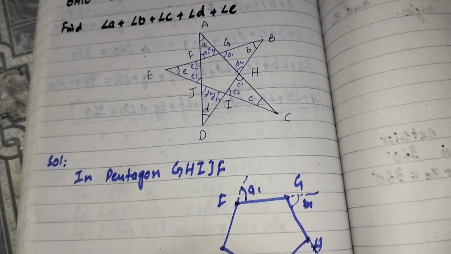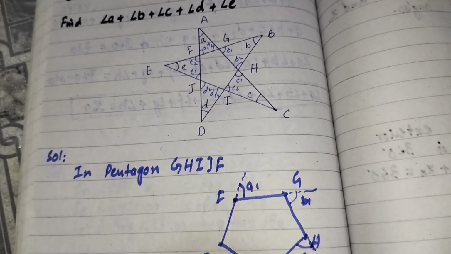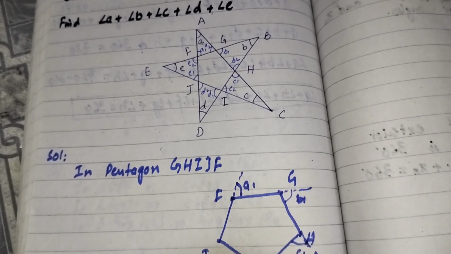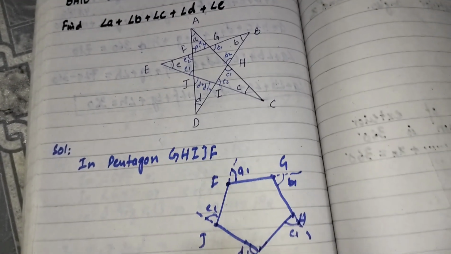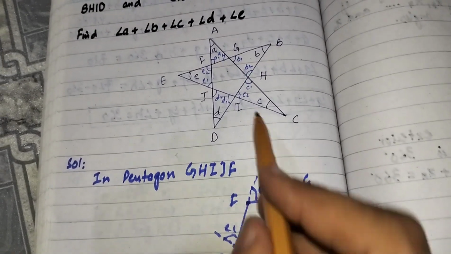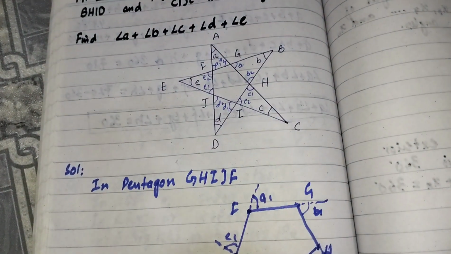If I extend this line, this is C1, and if I extend this line, this is D1. If I extend this line, this is E1. So in this figure we have 2 sets of exterior angles.